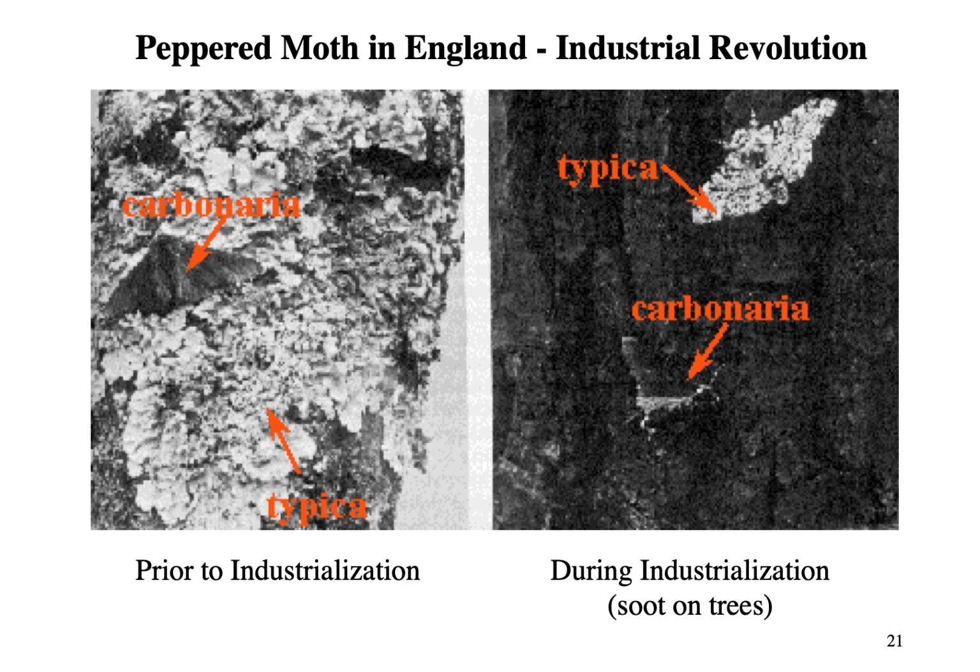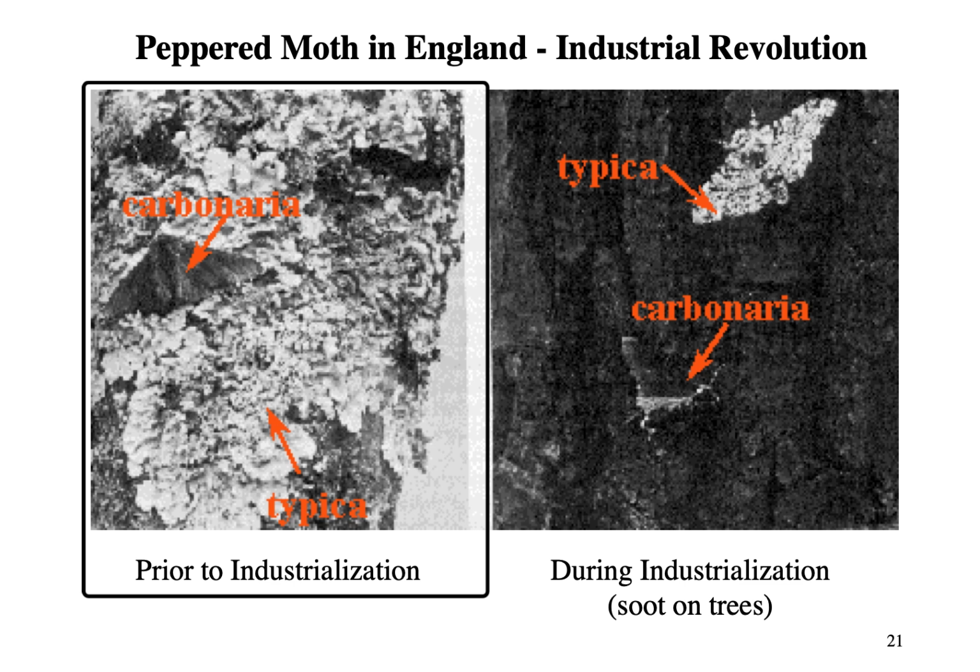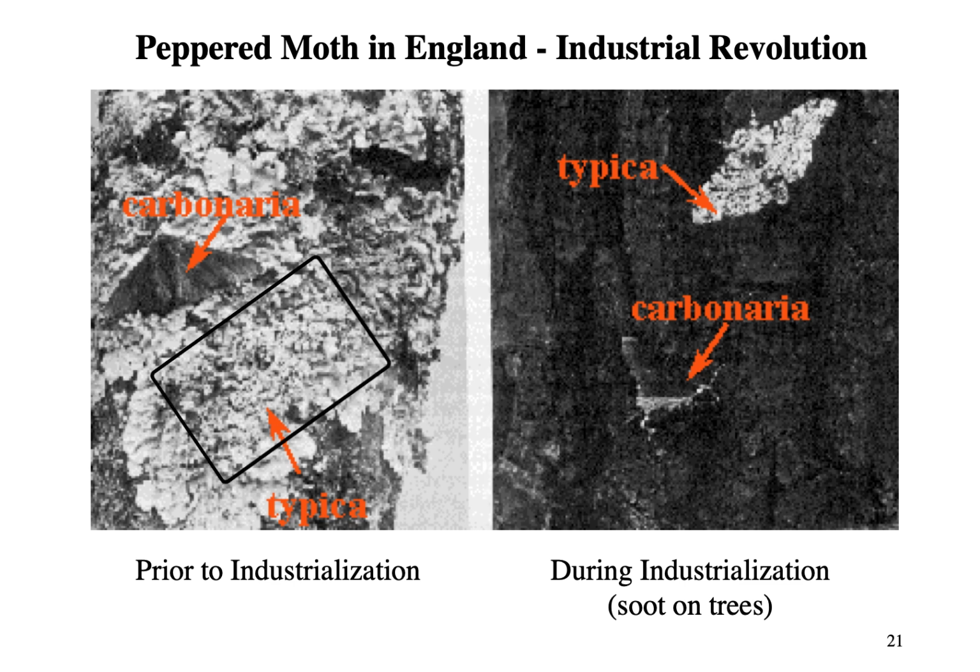And then here's another example that's used quite a bit: the peppered moth in England during the Industrial Revolution. Prior to industrialization, the moths were mottled black and white, and so when they landed on the lichens on the trees, they were pretty much invisible to predators.